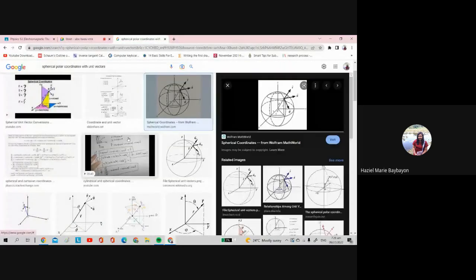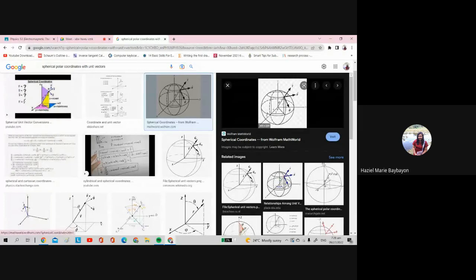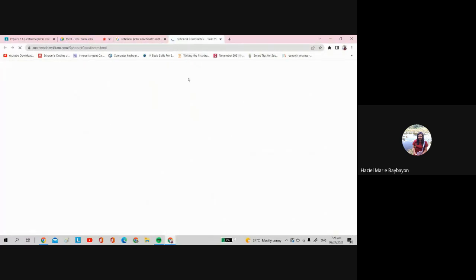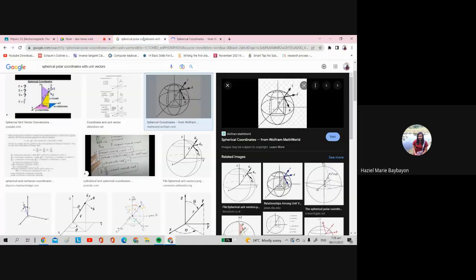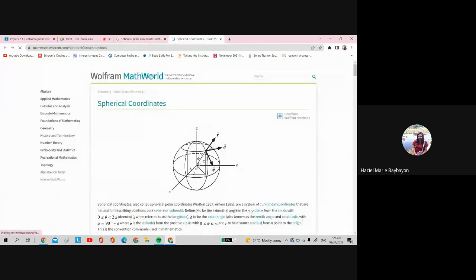Okay, this one. Kini siya nga figure, class. Okay, so this is the spherical polar coordinate.